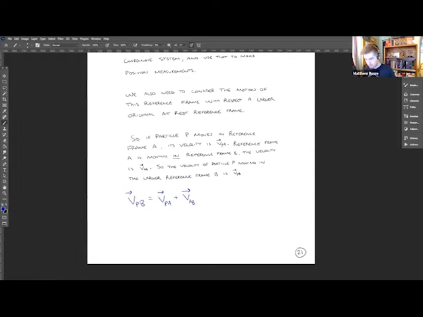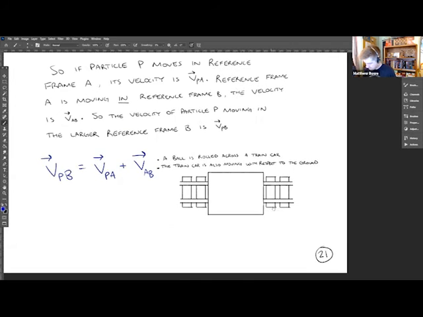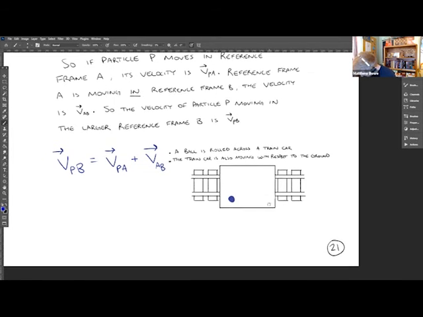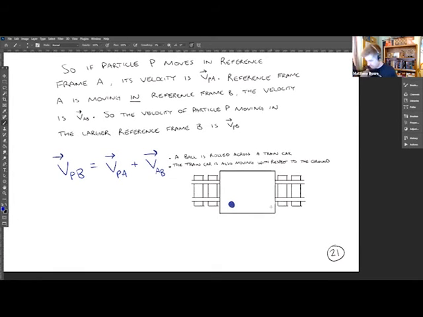This is where maybe this example that I will draw will help. We have this flat top train car, and it's going to be moving on some train tracks. We have this ball that we're going to roll on top of it. So we have a ball right here, and we're going to roll the ball that way.